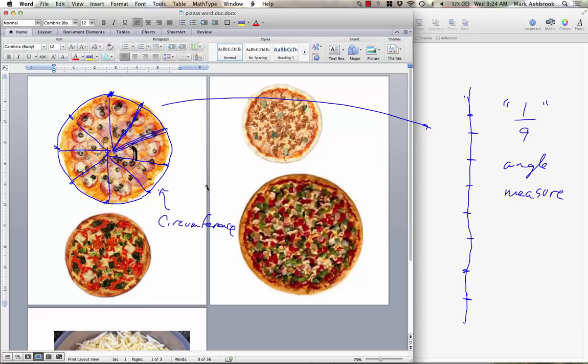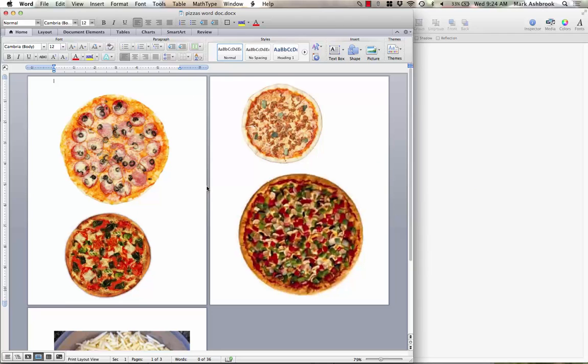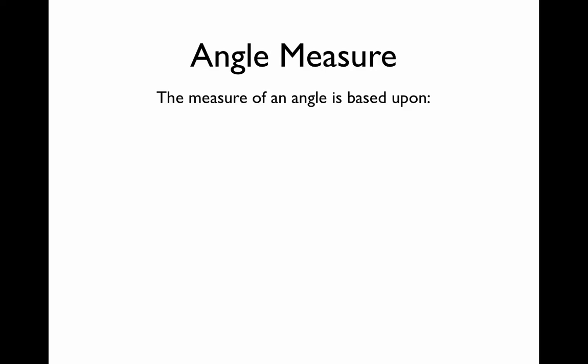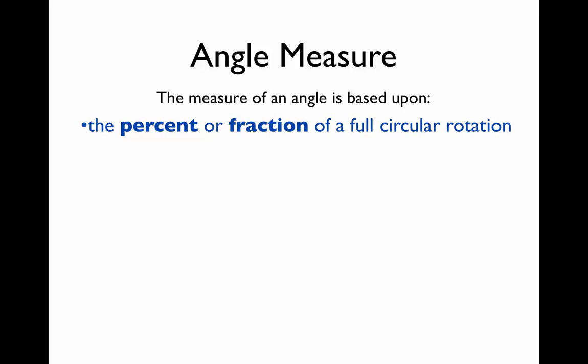That's how we'll measure it, because it's 1/9 of the circumference, or 1/9 of a full rotation. So the measure of an angle is based upon the percent or fraction of a full circular rotation.